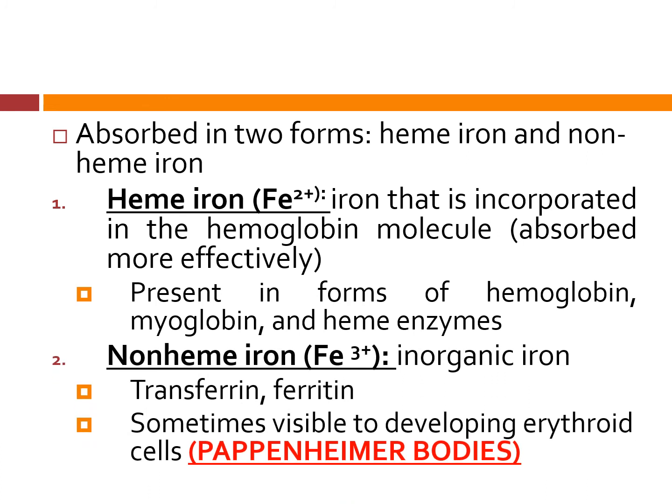And then your non-heme iron, they are the ferric form of iron. They are inorganic. They are usually bound to transferrin and ferritin, and sometimes, okay, visible in developing erythroid cells. And these are called Pappenheimer bodies.